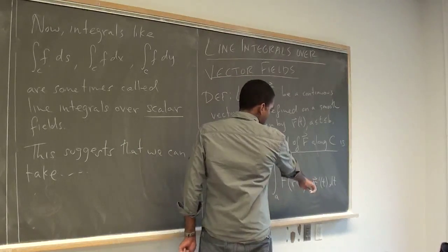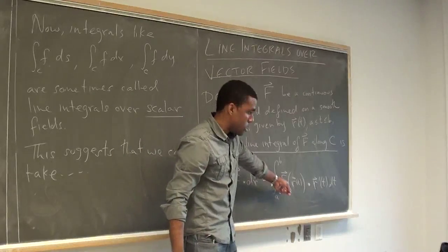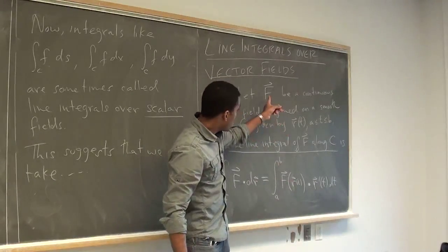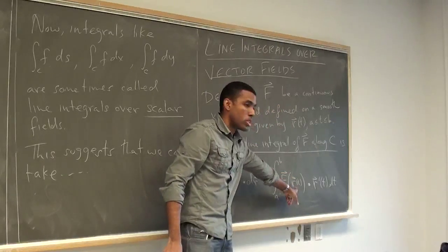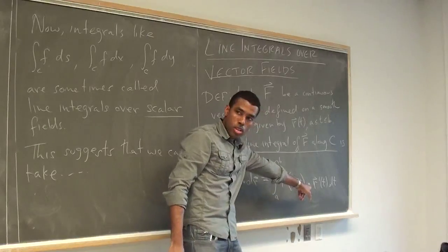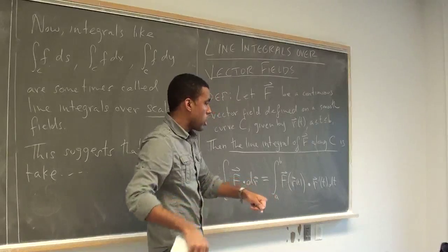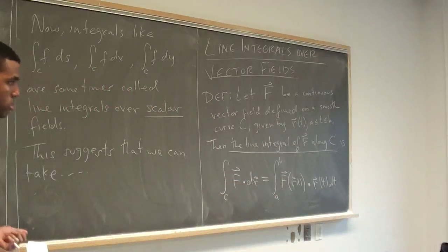So F dot dr really means this thing. Within your vector function, you plug in the parameterization that you get from your r, and multiply by the derivative. It's a dot product now because we're dealing with vectors. And when you work out the dot product, you get a regular integral that you do.